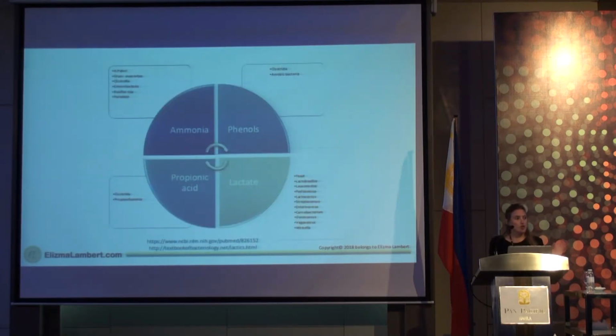And so phenols are just one of the markers that we can measure in gut dysbiosis. Whenever there is gut dysbiosis, we get metabolites that are produced as bacteria create shifts in our biochemistry. And so they can create things like ammonia, phenolic compounds, as we've just talked about, lactate, both D-lactate and L-lactate, and also propionic acid. And these are just some of the bacteria or organisms that produce these substances.